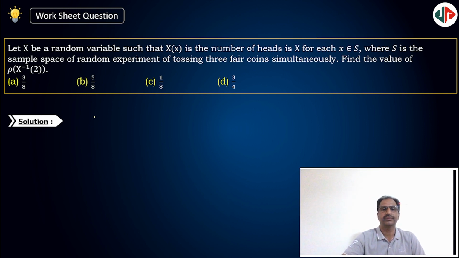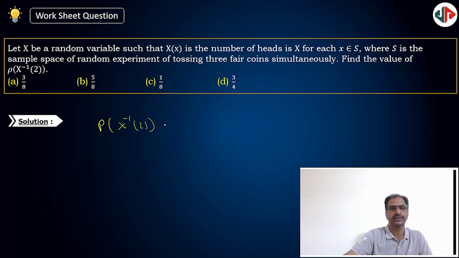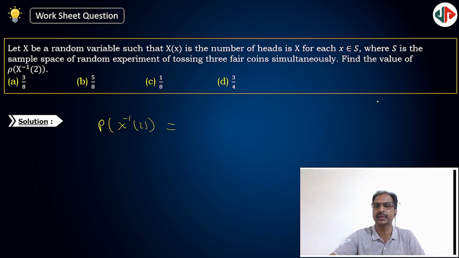Next, x is a random variable such that X is the number of heads. When 3 coins are tossed, then what is X inverse of 2? X of 2 means getting 2 heads. X inverse of 2 means not getting 2 heads. Not getting 2 heads means when 3 coins are tossed, 2 heads you should not get that.